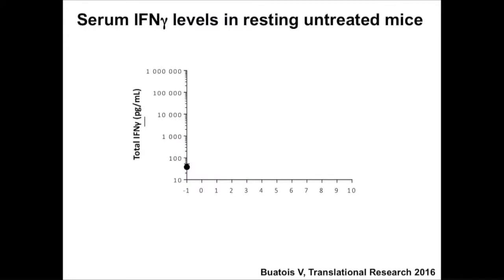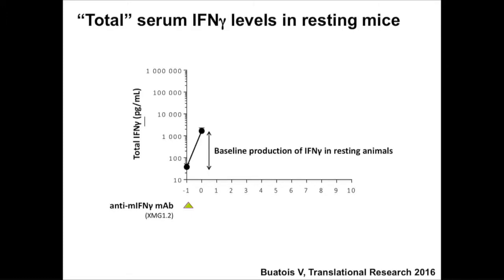So if you take a healthy, resting mouse and you just measure gamma, it has a few picogram/mL of circulating interferon gamma. You administer a monoclonal antibody to interferon gamma, and what you see is the amount of gamma that is being produced at steady state in that given mouse.